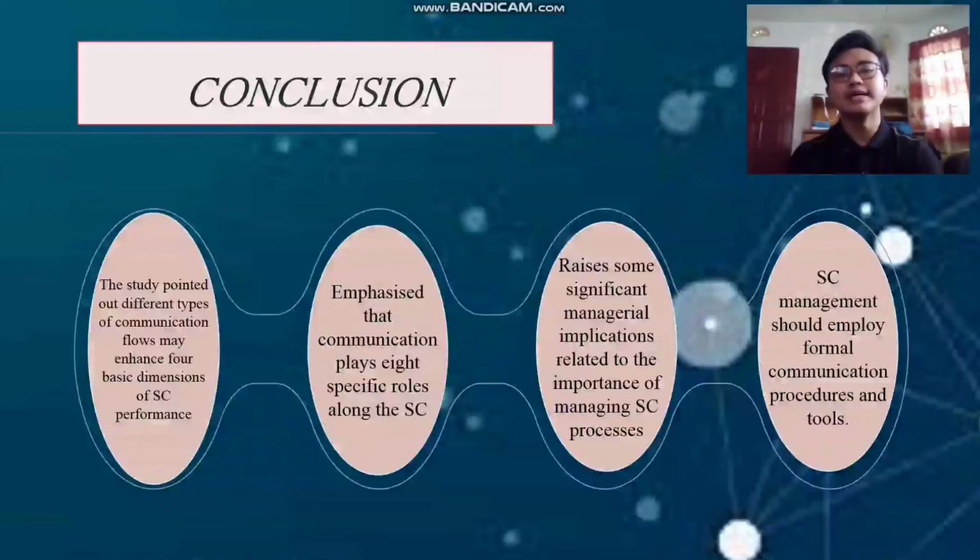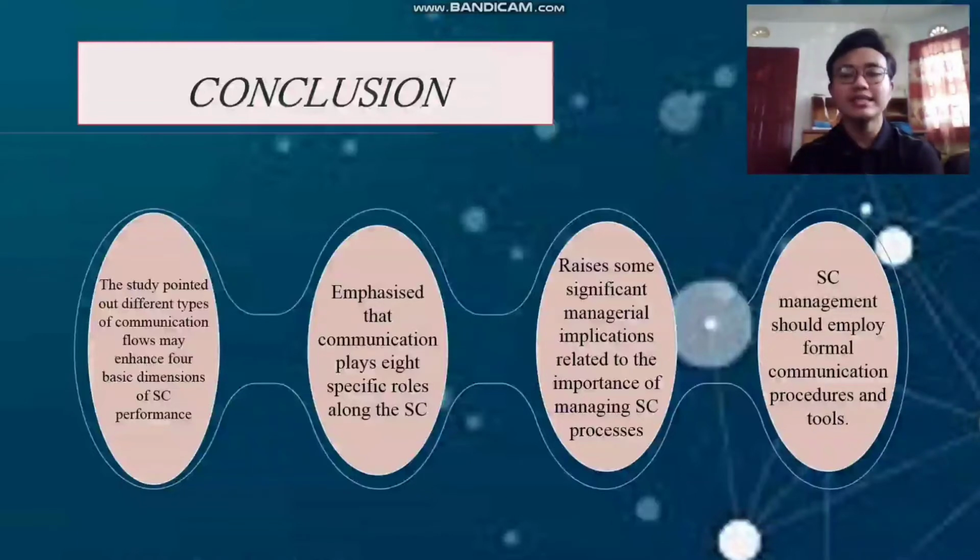The third raises some significant managerial implications related to the importance of managing SC processes by taking advantage of communication assets. This underlines a partially inadequate use of communication by SC managers that apparently prevents enhancing the role and consideration given to the SC in the firm.